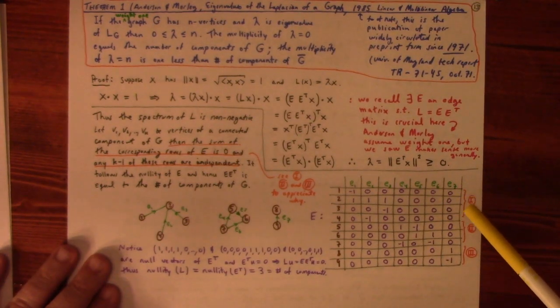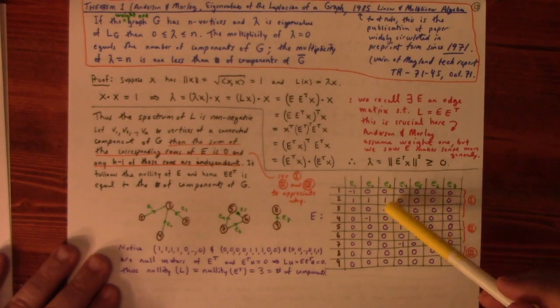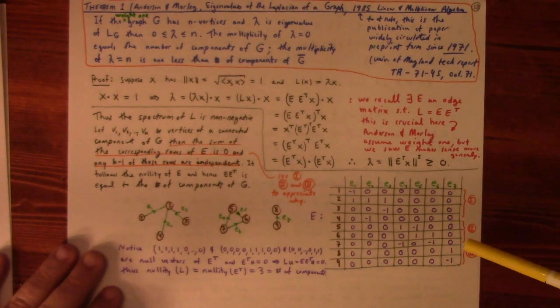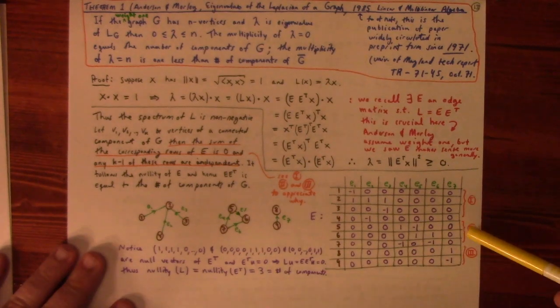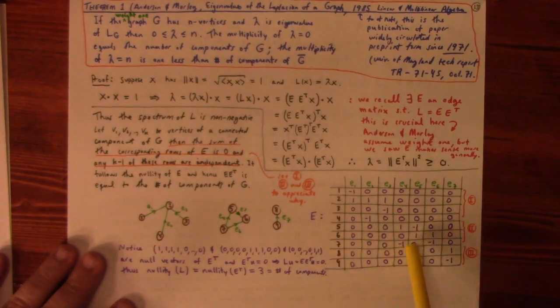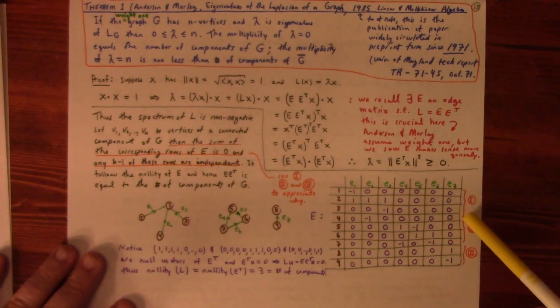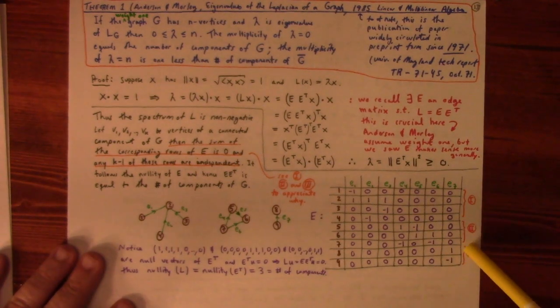We know that there aren't k, because if we add all 4 of them together, we get 0, which is a linear dependence. And likewise for the other components. If you add the 5, 6, and 7 together, you get 0. If you add 8 and 9 together, you get 0. And there are at most 3 independent vectors that can be chosen from there, at most 2 from there, at most 1 from there.